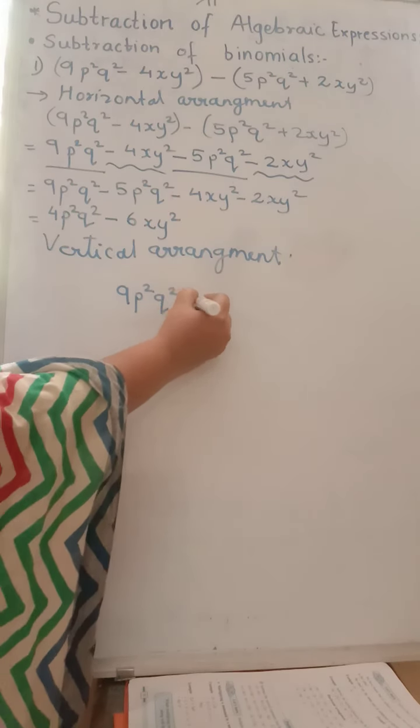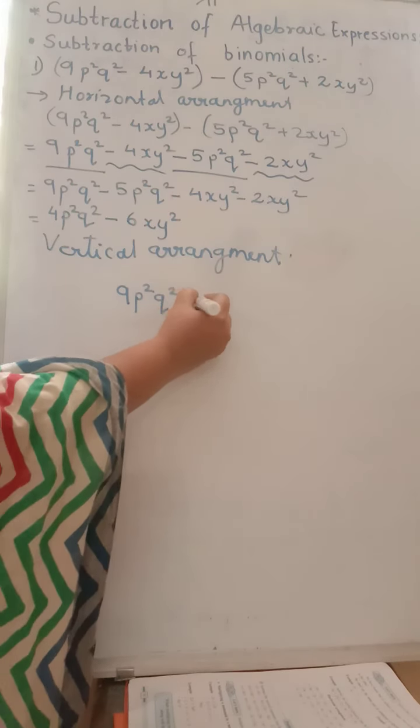Okay. Now minus minus will become plus. That is 4 plus 2, 6 x y square. And common sign, that is negative. So did we get the same answers by the horizontal arrangement and vertical arrangement? So this is how we are going to do the subtraction of binomials.